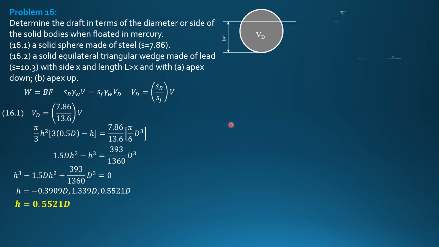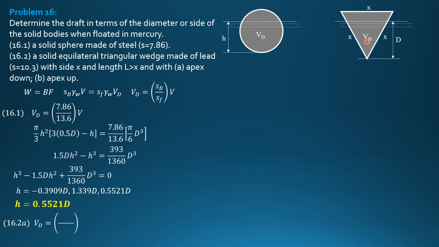Then for the second part, this is the orientation. The apex is down first. This is the volume displaced. So volume displaced equals specific gravity of the body, which is 10.3, over specific gravity of fluid, 13.6 for mercury, times the volume total.